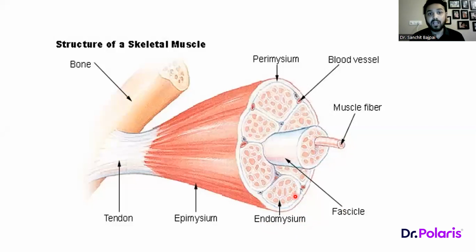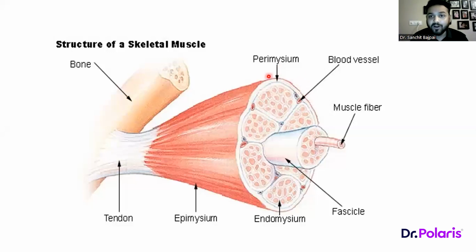Fine. A layer of deep fascia which covers a group of these muscle fibers, that is lining the fascicle, is given the name perimysium. So see this is a particular lining of multiple muscle fibers together. This is called perimysium. Peri means around the muscle, right?